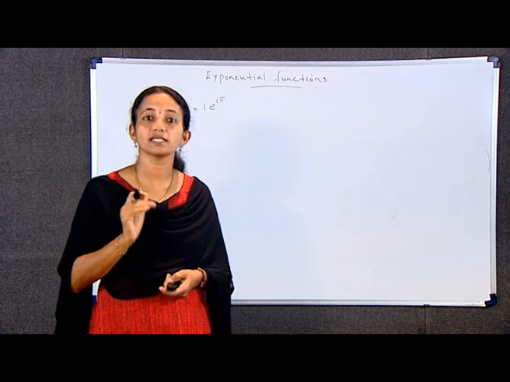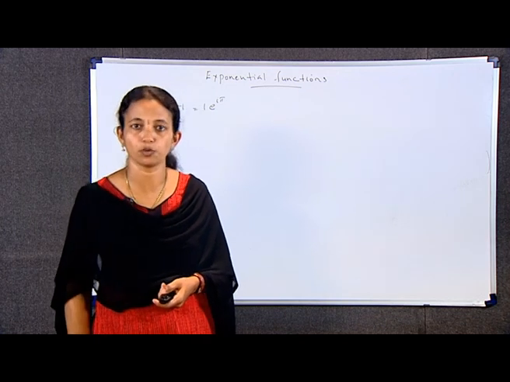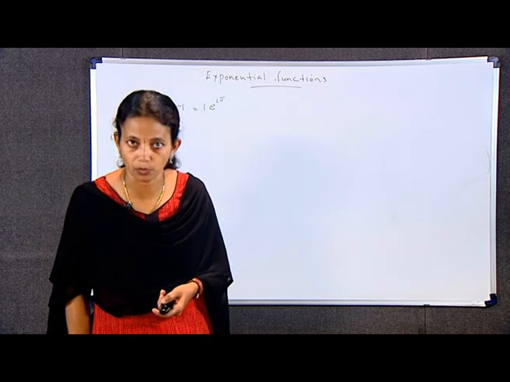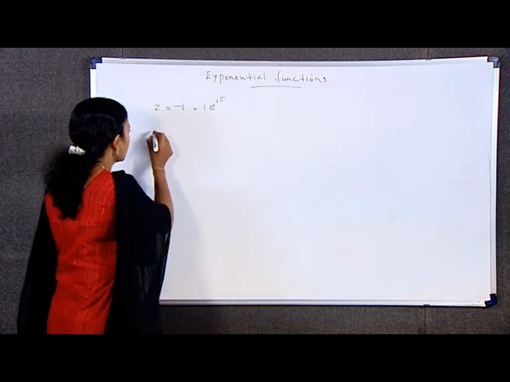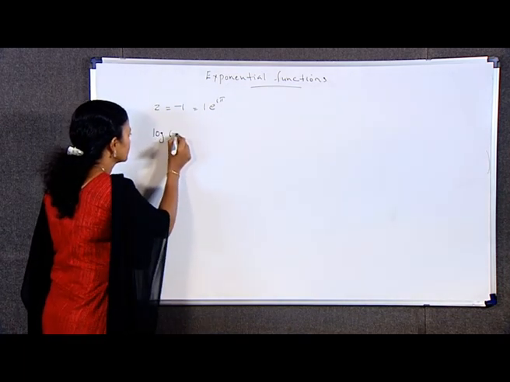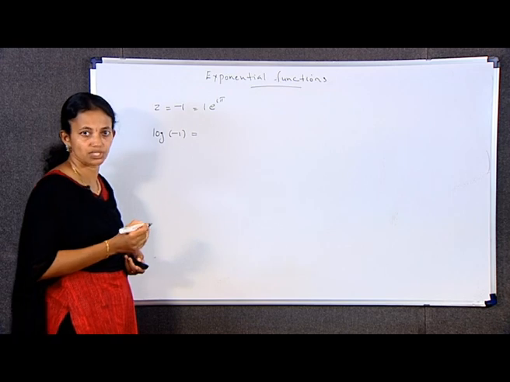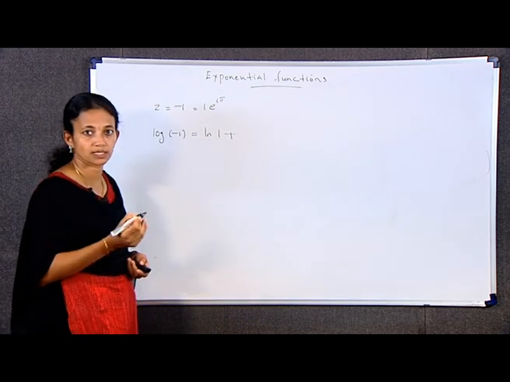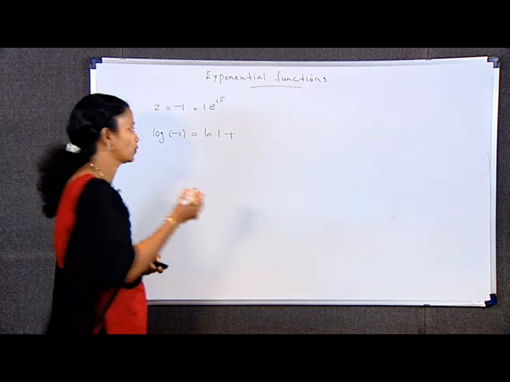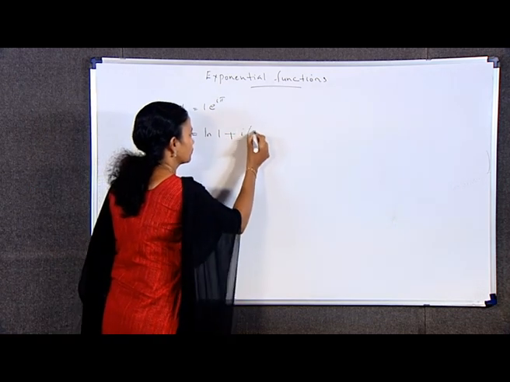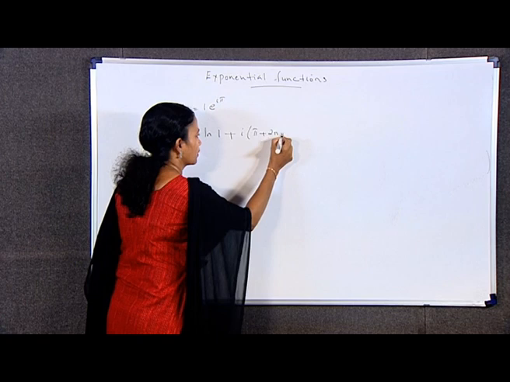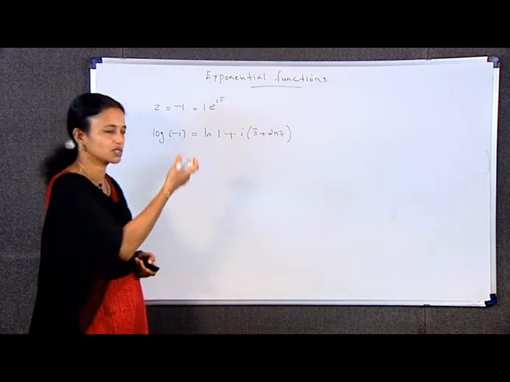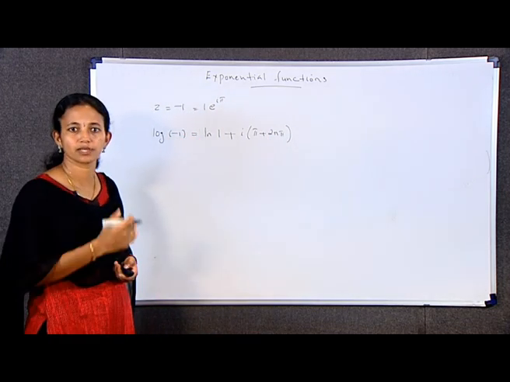We have r is equal to 1 and theta is equal to pi, and using equation number 1 we obtain log of minus 1 equal to ln 1 plus i into pi plus 2n pi. Of course, here n varies over the integers.